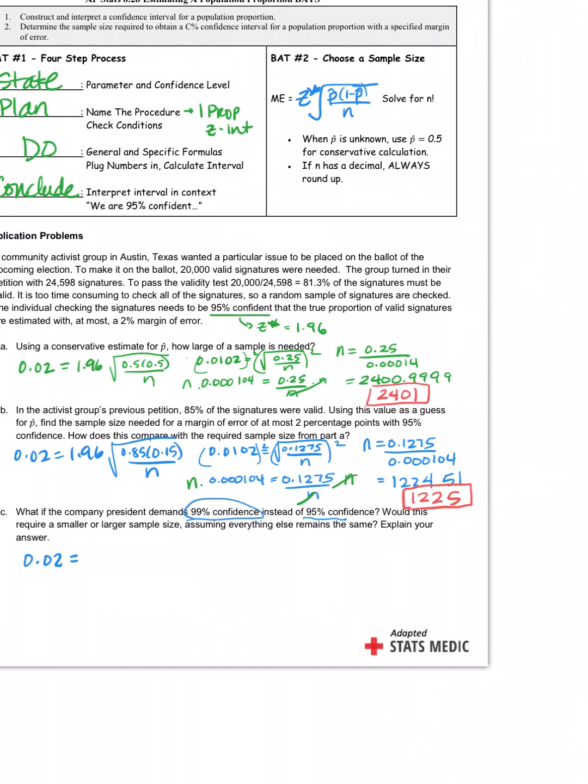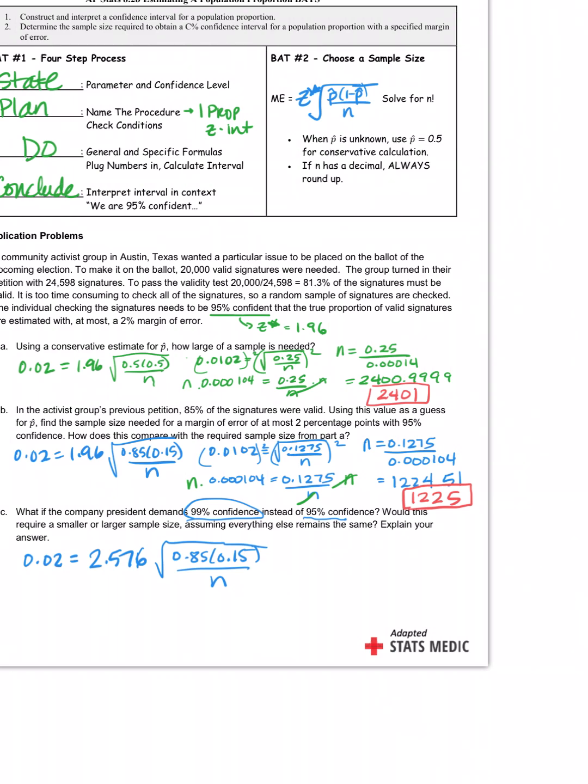2.576, which you can find on your own. If you don't have it memorized, it's fine. Everything in the radical is staying the same, isn't it? Yes. So what is that going to do to my answer? It's going to make it bigger, right? Because look, this number got bigger, didn't it? So it's going to make our sample size bigger.